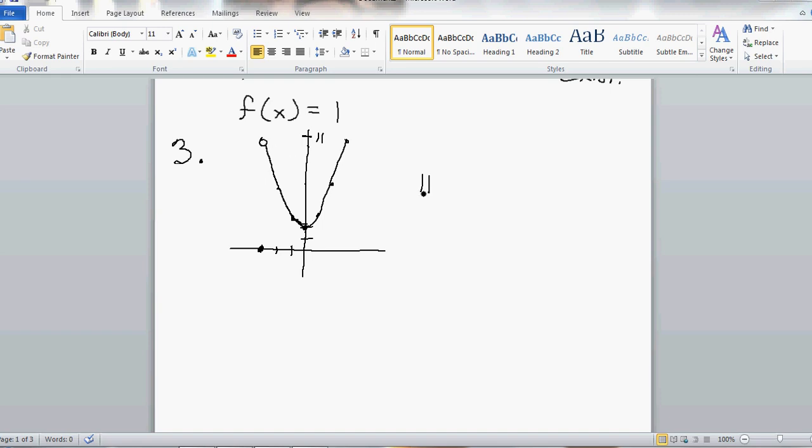So the answer here is 11. However, f of negative 3 actually equals 0, but that's okay. The limit is, where are we approaching it? We are approaching 11, even though the actual value is way down here at 0. So the answer to number 3 is 11.